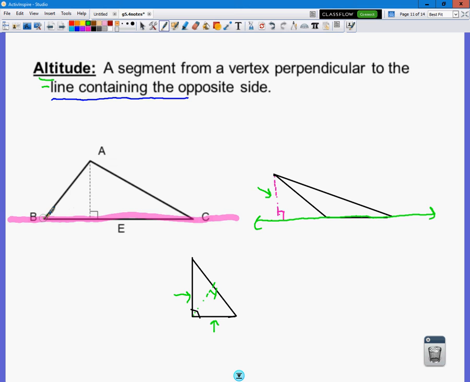I could draw in 1 here, and then I could draw the other one in, and I don't know where it would come to. From here to be perpendicular, it would probably be something like that. So there is 3 in all of them.